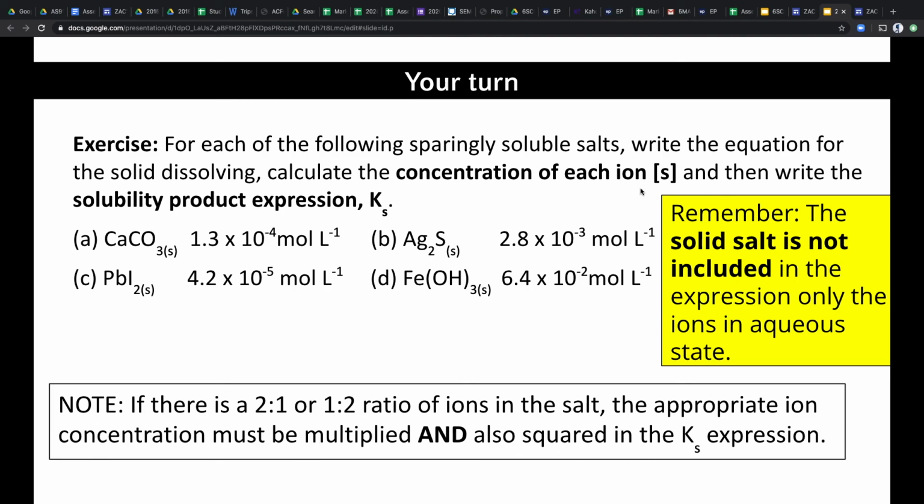Remember, there's only 2 types of ion for every ionic compound, a positive one and a negative one. So using the stoichiometric ratios, I want you to use these solubilities to figure out the concentrations of those ions. So 3 things, 4 questions. Sounds good? Any questions? Cool. I'll circulate around as you work on these 4 problems.